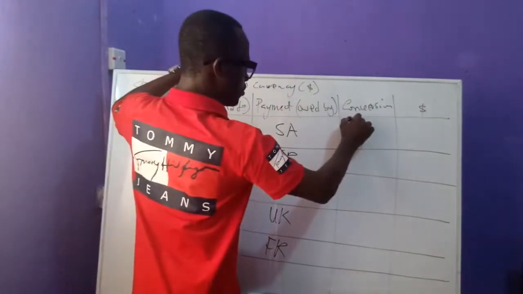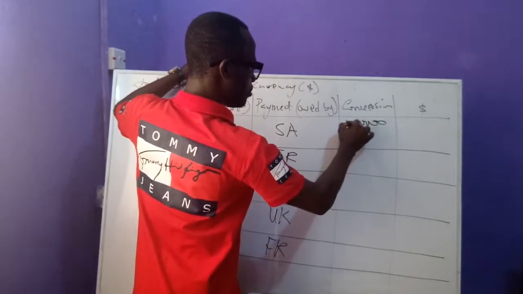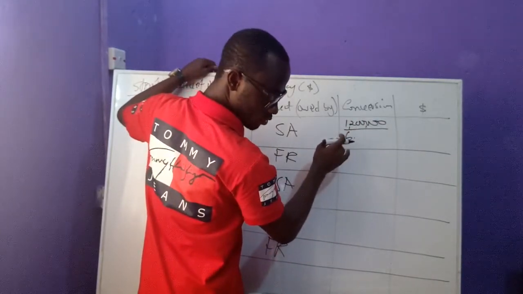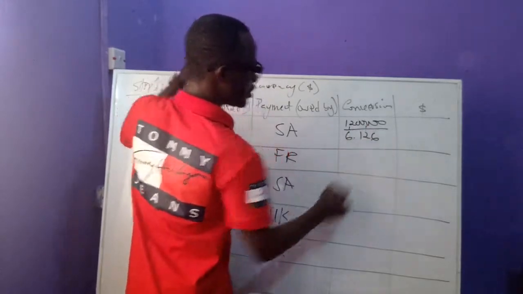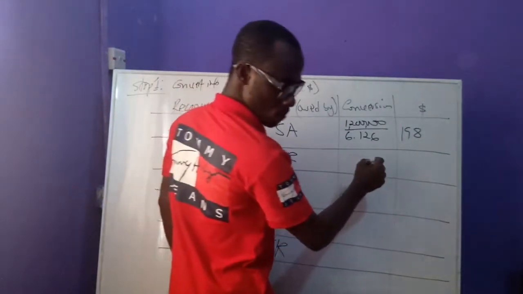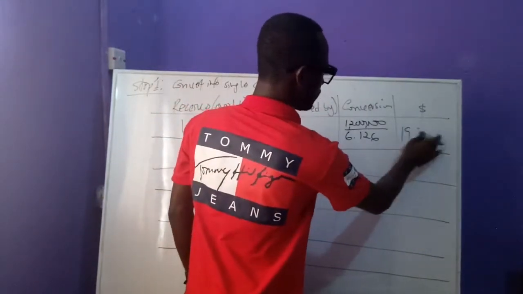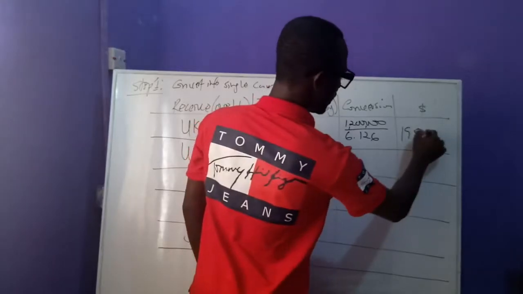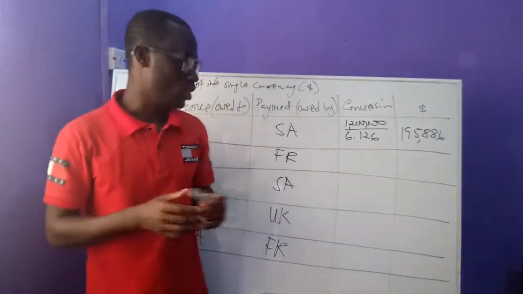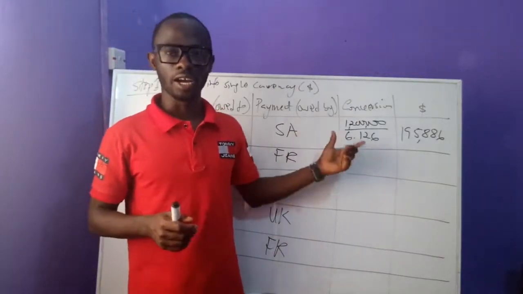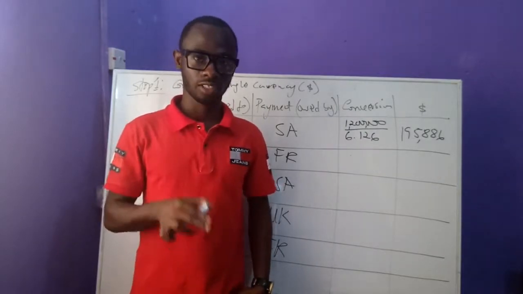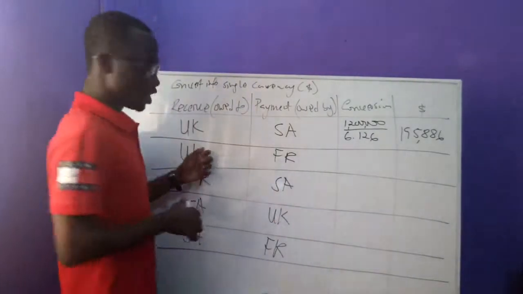So we're going to have 1.2 million divided by 6.126. So when we divide and punch that out, we go to $195,886, meaning that 1.2 million rand is 195,886 US dollars.